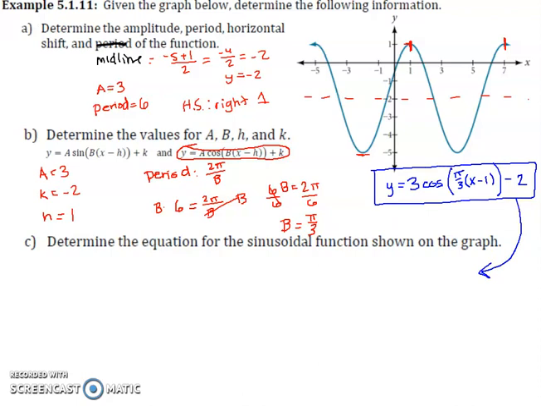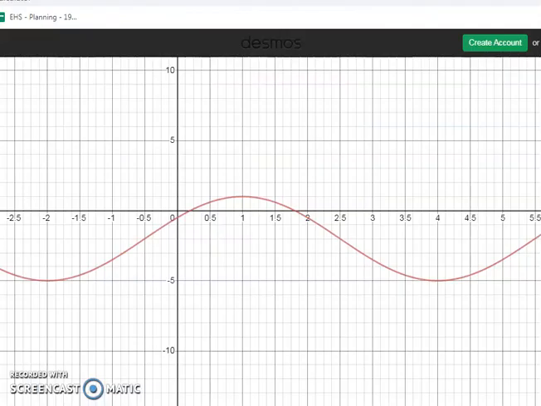To check your equation, you can always go to Desmos.com or search in Google Desmos graphing and input your equation to the graphing calculator. When you do so, your graph is going to look something like this, which does have that maximum value at 1. It has a minimum value at 4.